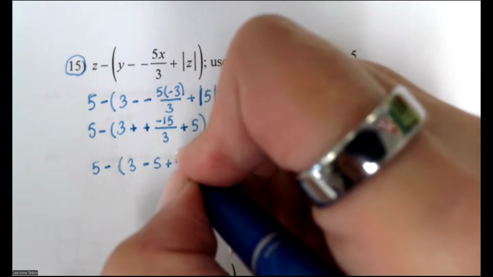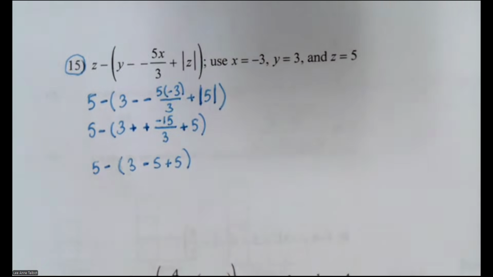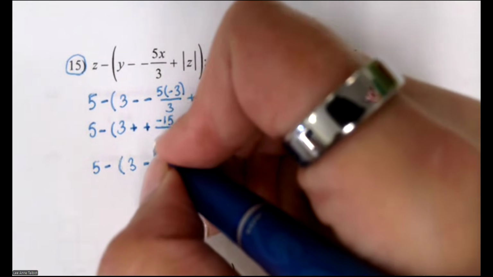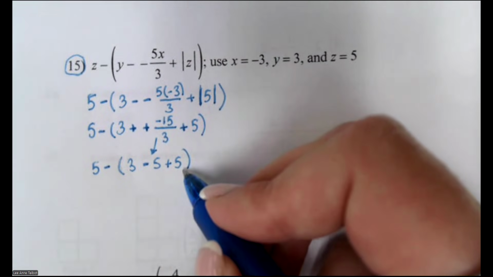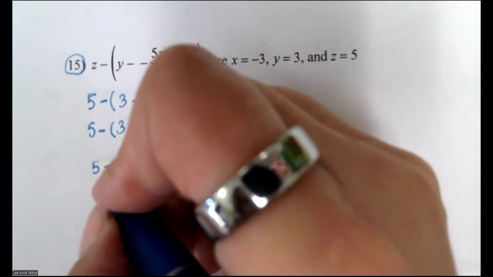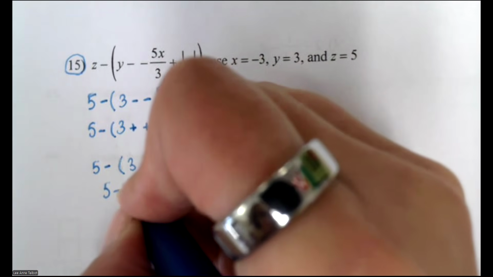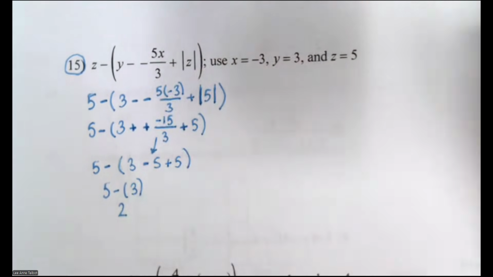I wrote it wrong. I got all excited to write the 3 and then parentheses. Okay, negative 5 and 5 cancel each other out. So this is 5 minus 3, which is 2.